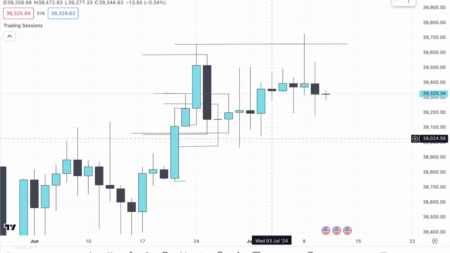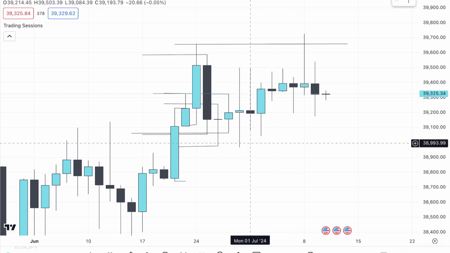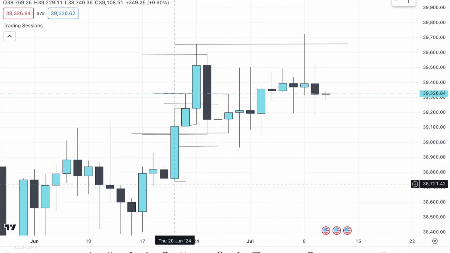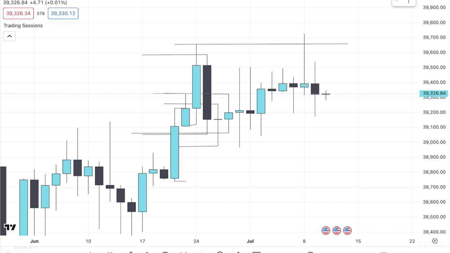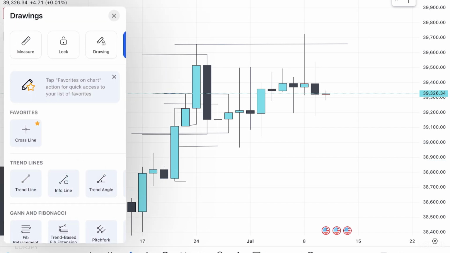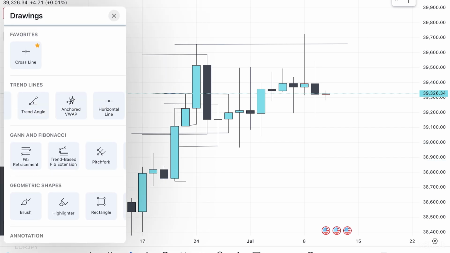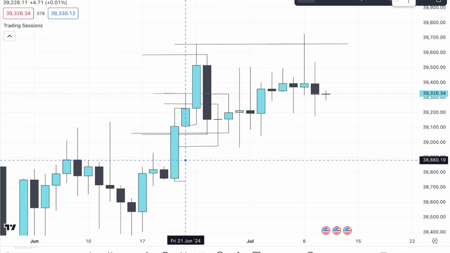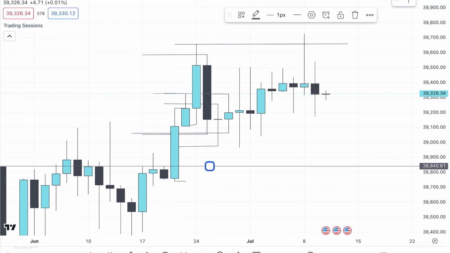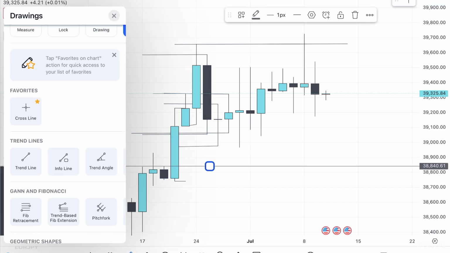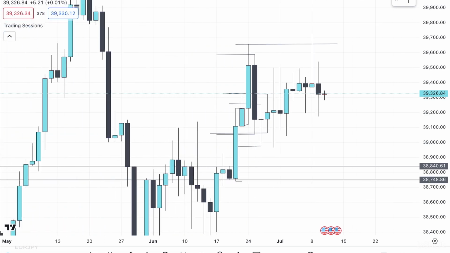So these are long-term liquidity, this one, and maybe this one, but we also have an order block here. So this would be our area of interest in the daily chart.